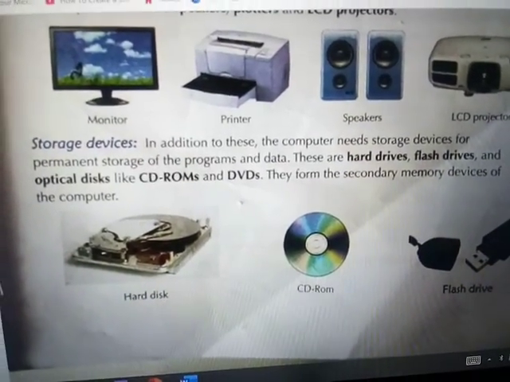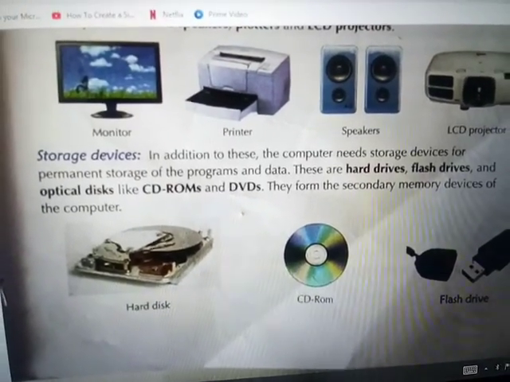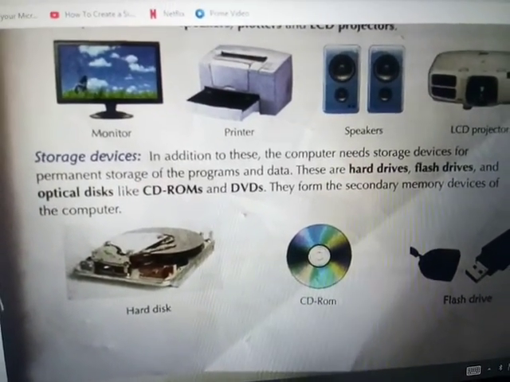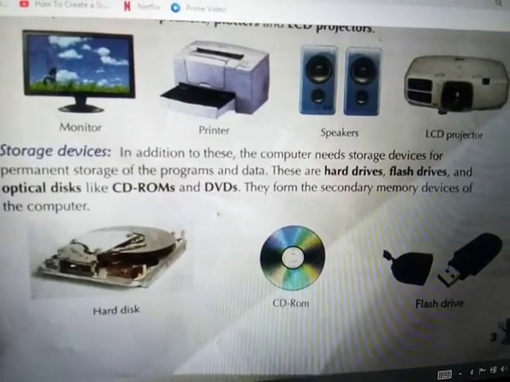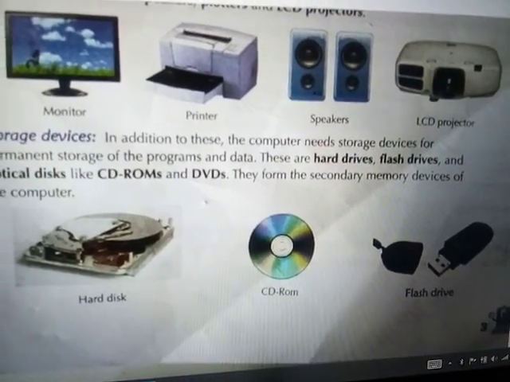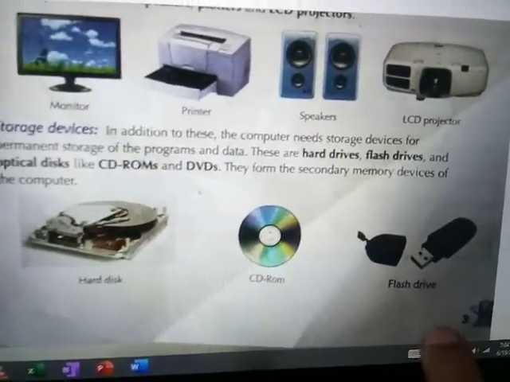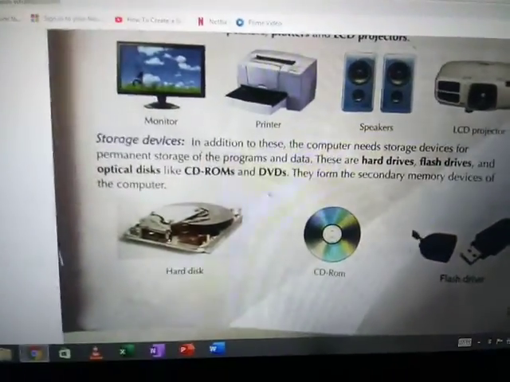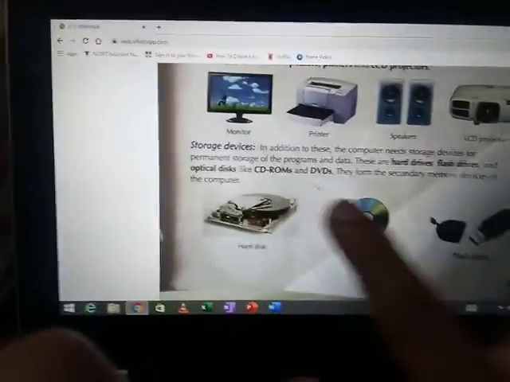Then the flash drive is also a type of storage device. Optical discs are CDs or DVDs. Those are also storage devices. Flash drive is nothing but a pen drive, as I told you before.